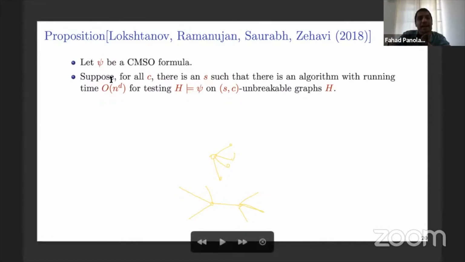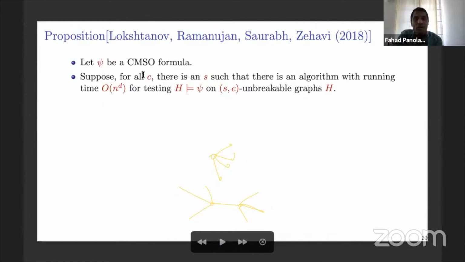And then suppose for all C there is an S, independent of this C and S, and for testing whether H satisfies this formula phi. Instead of this formula phi, you can think of a graph property. Suppose we have an algorithm for testing whether H satisfies some property, and this property should satisfy some logical conditions, on SC unbreakable graphs.